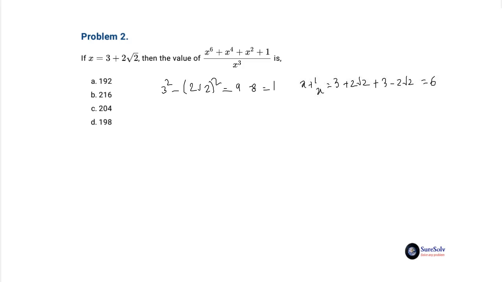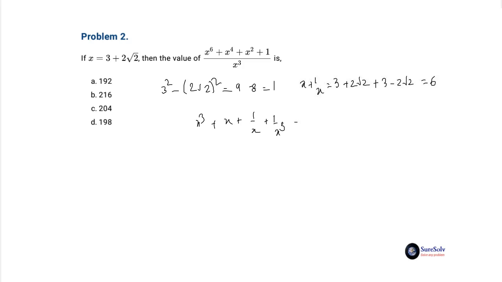To transform the target expression in terms of x plus 1 by x, we divide the numerator by x cubed, getting 4 terms: x cubed plus x plus 1 by x plus 1 by x cubed. These 4 terms remind us of the 4 terms in the expansion of x plus 1 by x whole cube. The 4 terms in the expansion are x cubed plus 3x plus 3 by x plus 1 by x cubed. Our expression has the shortfall of 2 times x plus 1 by x.